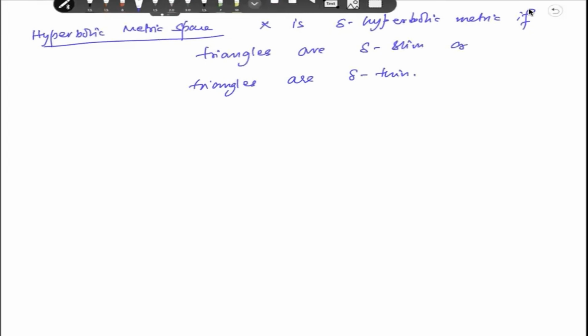If I take all the triangles to be delta thin, then this space X is said to be a delta hyperbolic metric space. And if we take all the triangles to be delta slim, then that will also imply X is a delta hyperbolic metric space. Okay, I'll stop here.